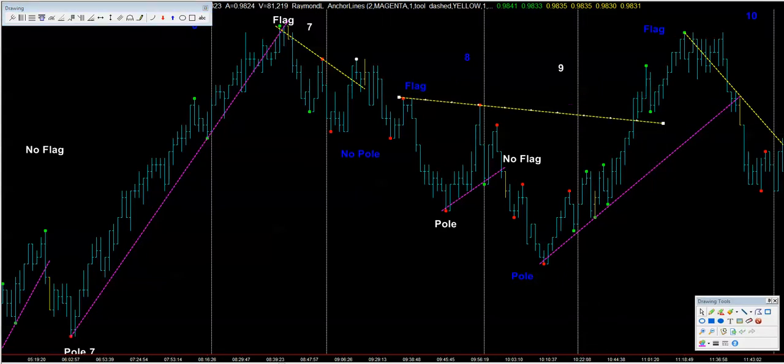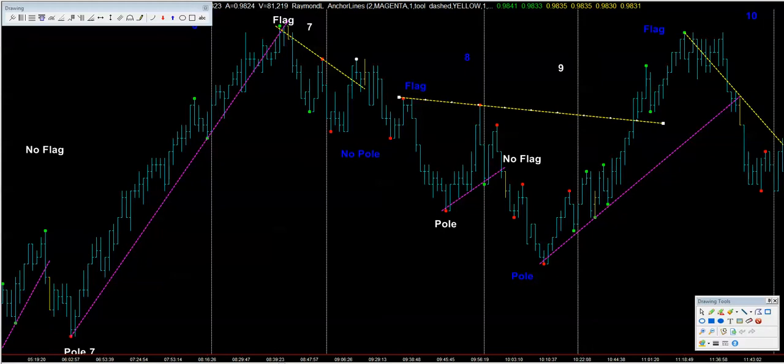So we have the trend line break, and now we have to measure the pole. Because there is no pole, I'll read from the instructions, and the instructions are reading, when there's no pole drawn, the low is the low between the previous flag and the start of the current flag.